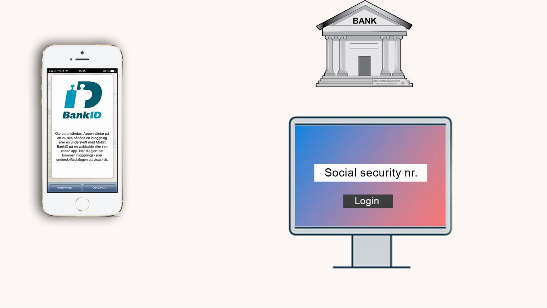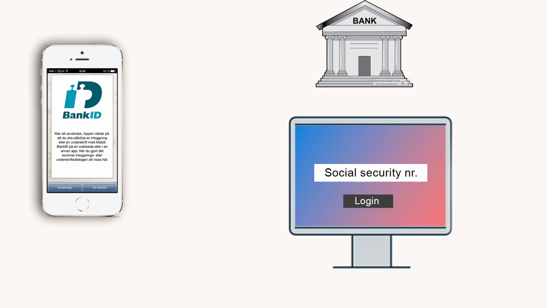Some people think Bank ID is some kind of two-factor authentication, but it's not, because with two-factor authentication, something like Google Authenticator or something, first you have to use your username and password to log in, and when they know that you might be you, then you can use Google Authenticator to tell them again that you actually are you.